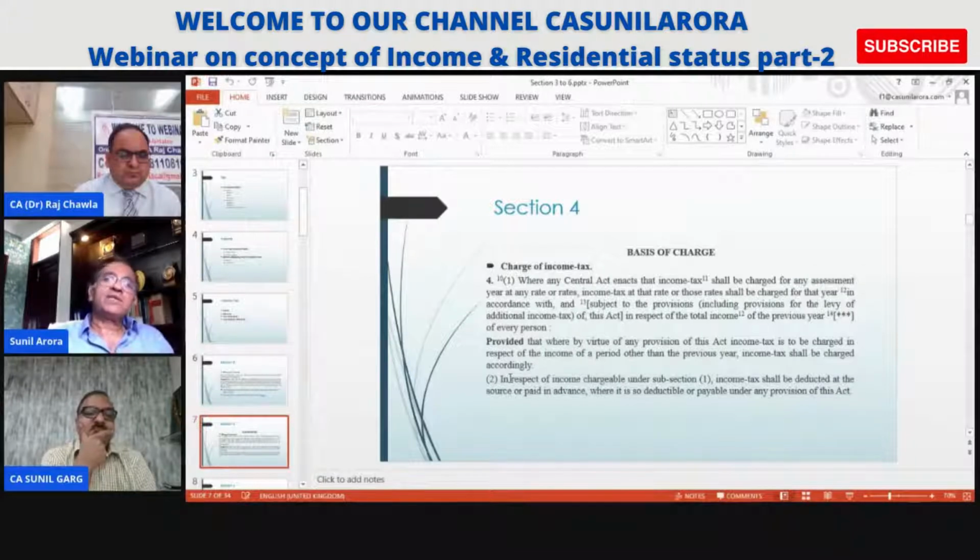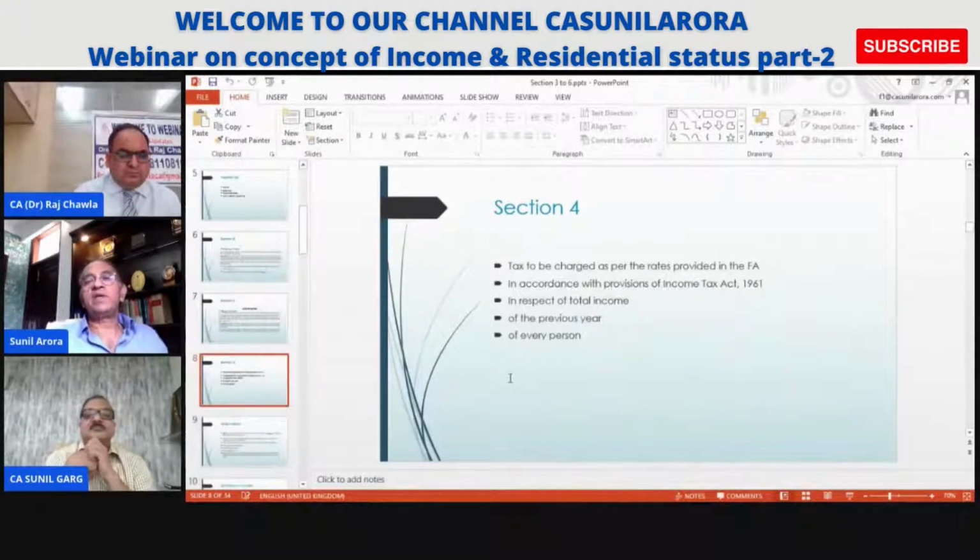Now, because we are going section wise, my endeavor was to bring the section also on the slide so that we are able to read it together. The basis of charge basically provides that tax is to be levied as per the rates provided in the Finance Act every year, in accordance with the provisions of the Income Tax Act 1961, in respect of total income of the previous year of every person.